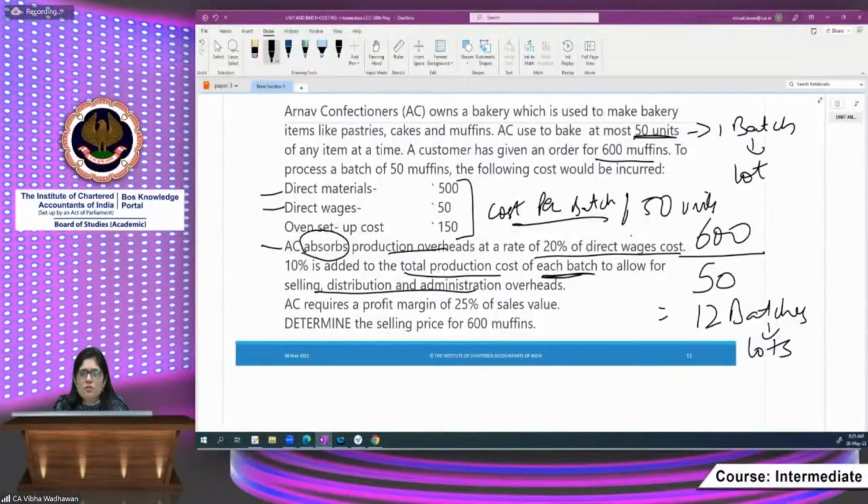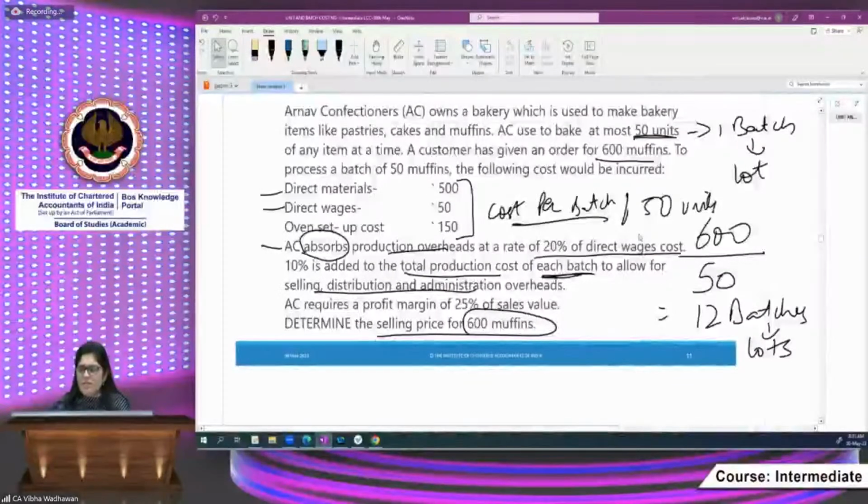So they are also absorbed on the basis of 10% of production cost. So all the overheads are absorbed. Clear? After that, you have to add a profit margin of 25% of sales value. Determine the selling price for 600 muffins.